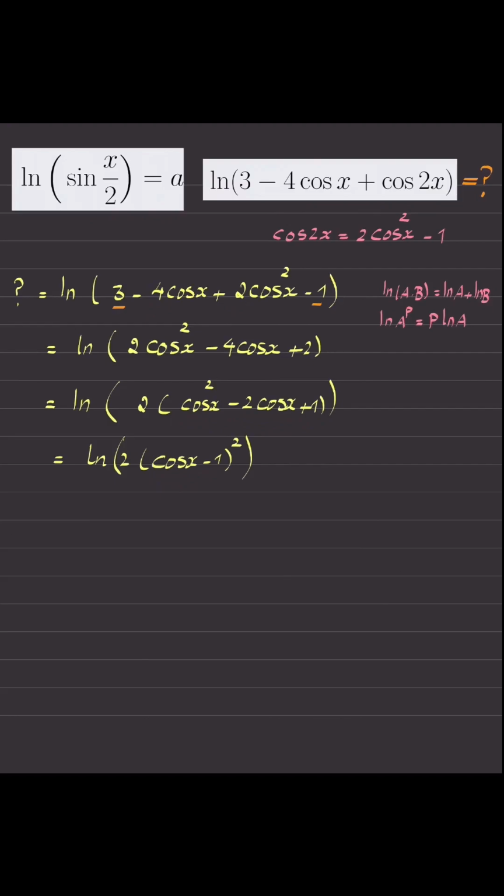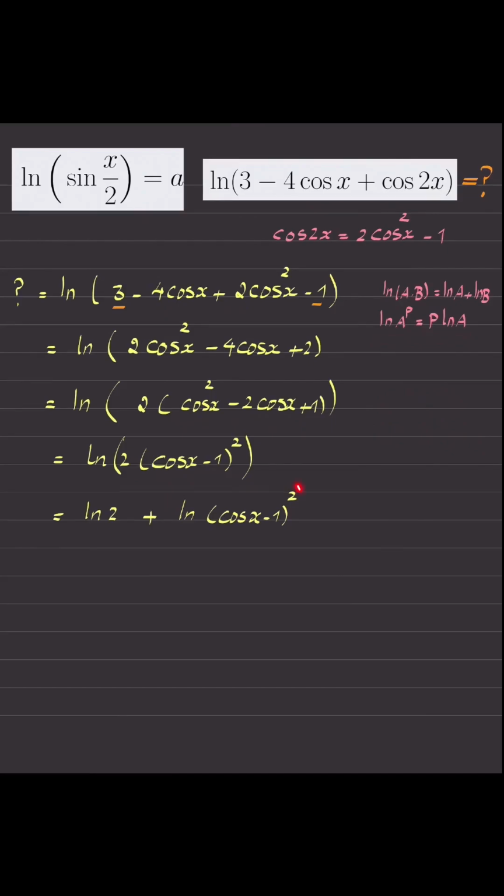So I will use this formula to write this ln in a separate form: ln of the first one plus ln of the second one. But be careful here. I want to use the other formula to move this 2 to the back, but cosine x is at most 1, so cosine x minus 1 is negative, and this formula will not apply.